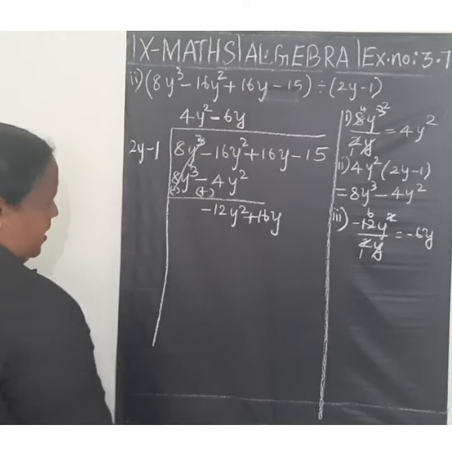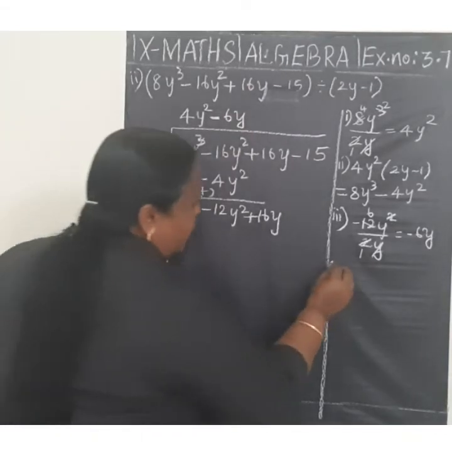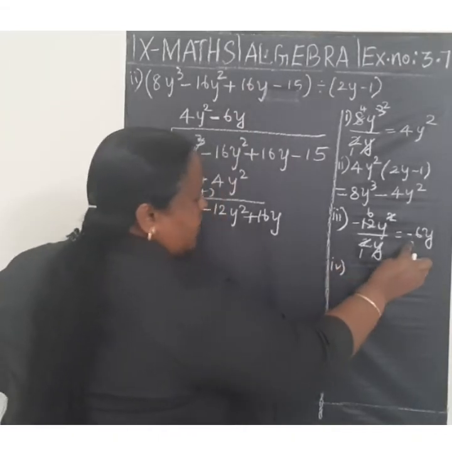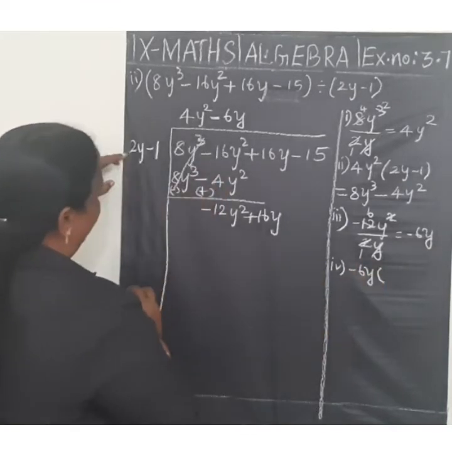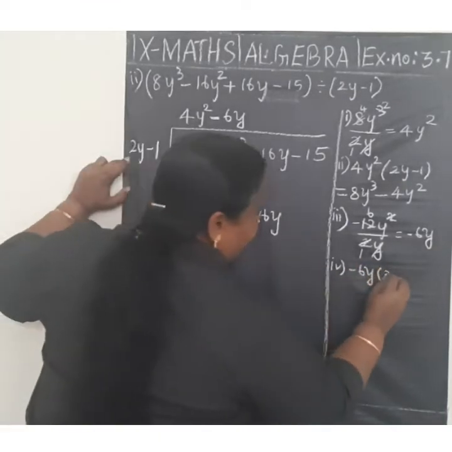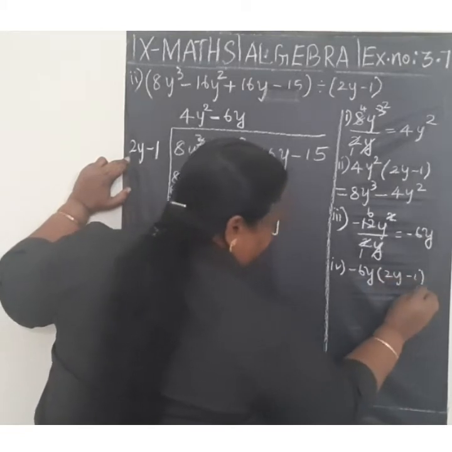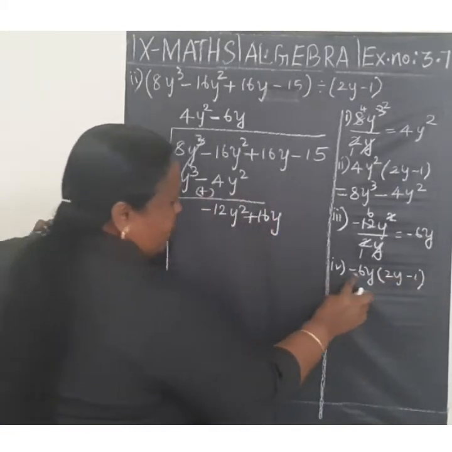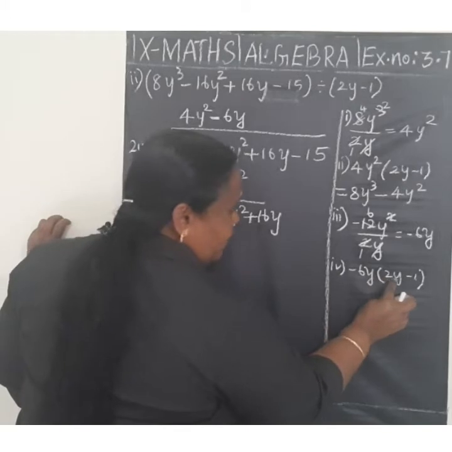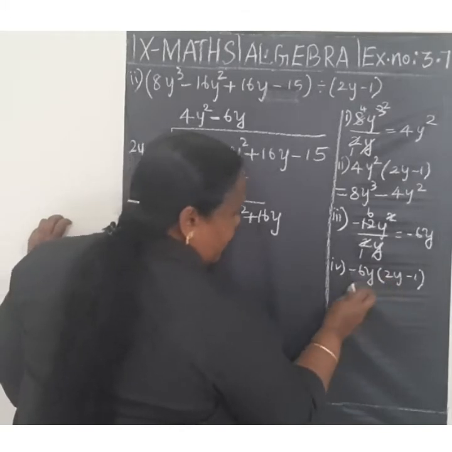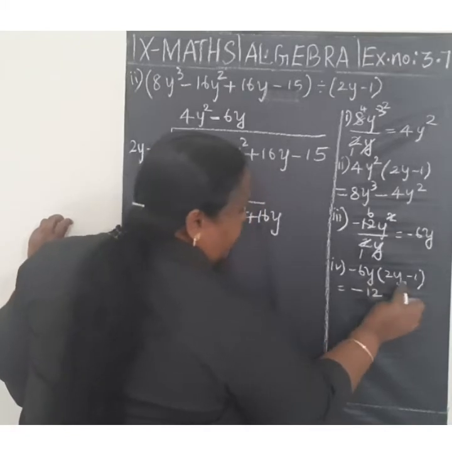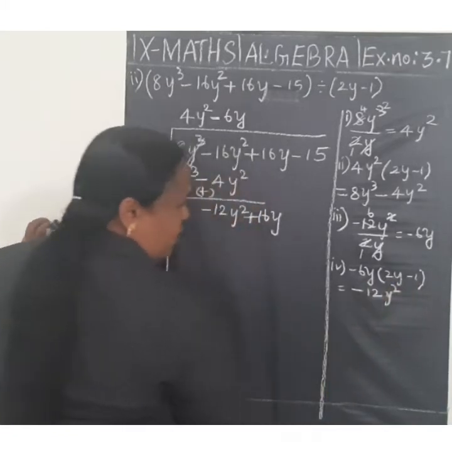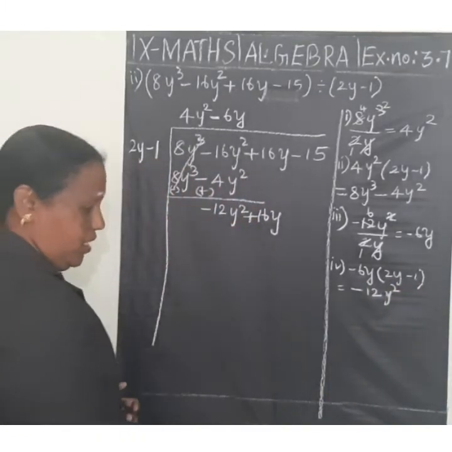Minus 6y. Next, the fourth step: we multiply this minus 6y with the divisor 2y minus 1. To get these terms: minus 6y into 2y is minus 6 into 2, 12, y into y squared, so minus 12y squared.